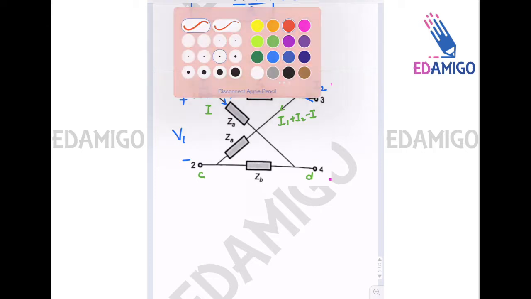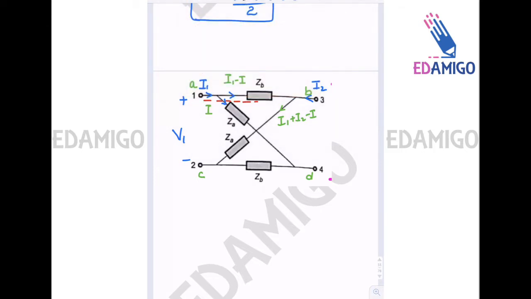Now applying the KVL loop in this loop. Okay, now A, B, C, A is a KVL loop.